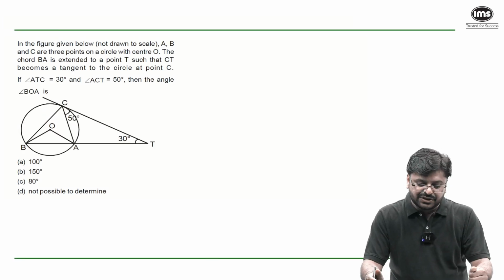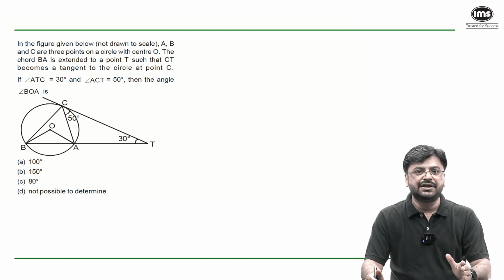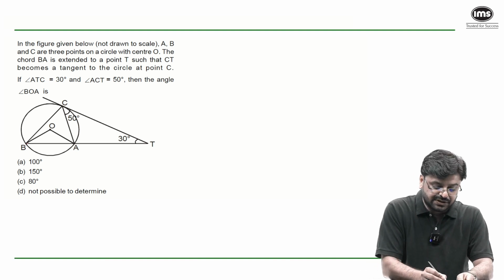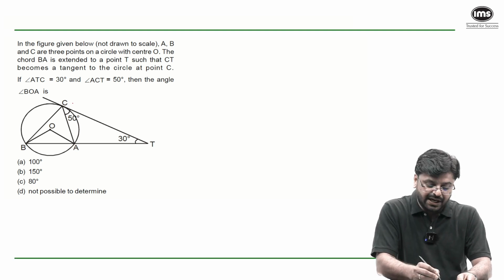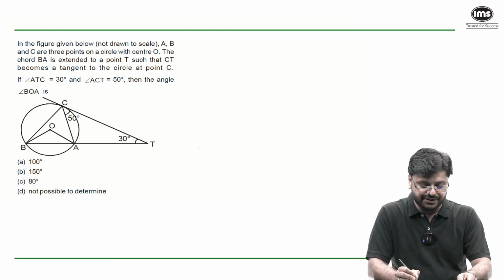So this question says, in the figure given below, not drawn to scale, A, B, C are the 3 points on the circle with center O. The chord BA is extended to the point T such that CT becomes tangent to the circle at point C. So this chord BA is extended to the point T and CT becomes the tangent.